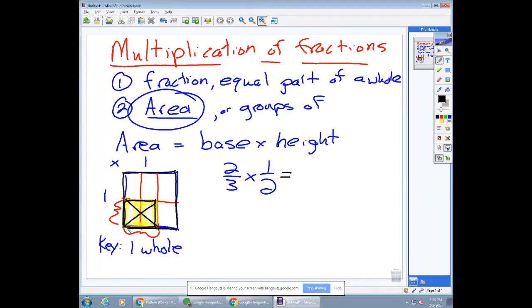Well, one way to look at it is I have 2 equal small pieces out of how many equal pieces for the whole thing? And we can count and see that there's 6. Somebody else might look at it a little bit differently. Somebody else might look at this and say, well, you're looking for pieces that are this big.